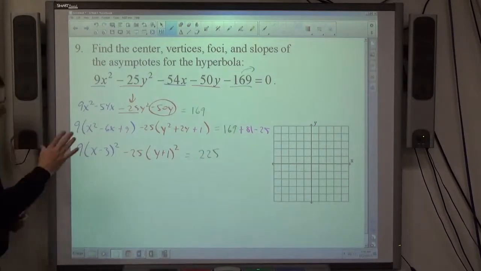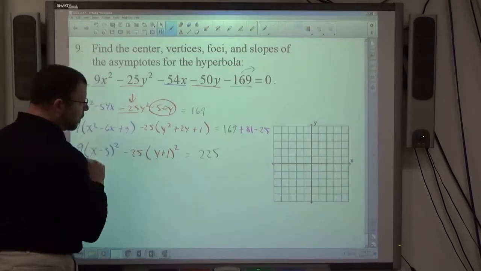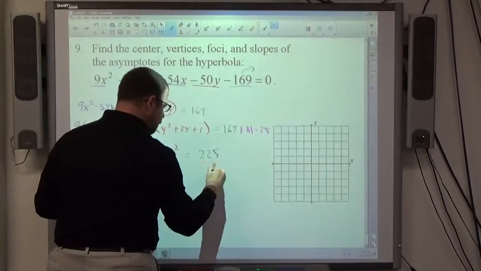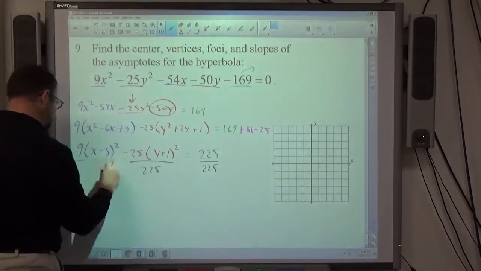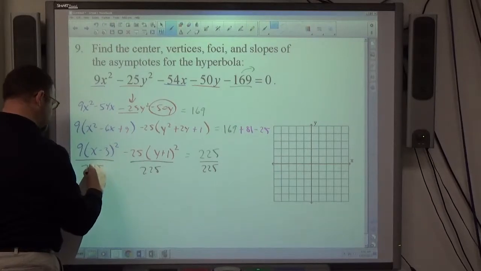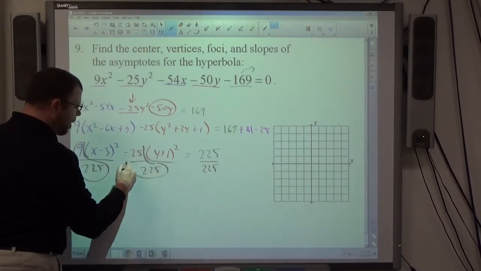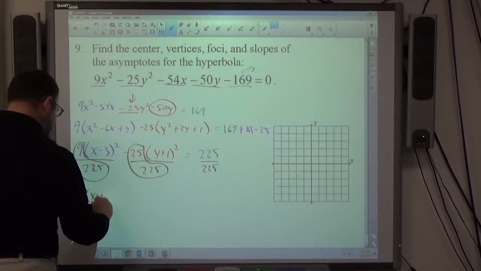So just like that, I've got my structure that I'm looking for. X was something squared, y was something squared equals number. I want the number to be 1. So divide by 225 to get the equals 1. As with the ellipse problem, I want to invert that and reduce if possible. 225 over 9 happens to equal 25.